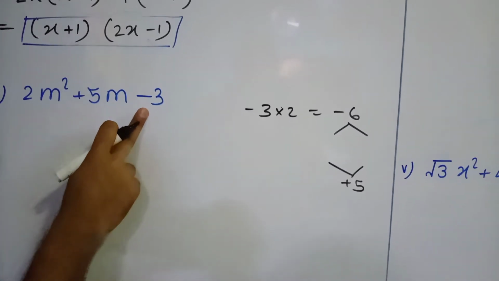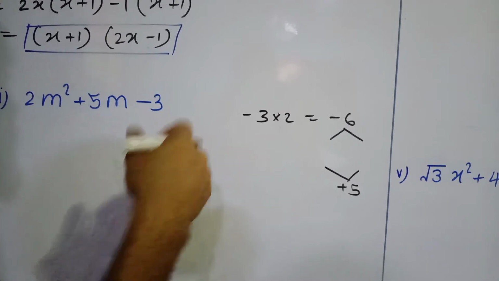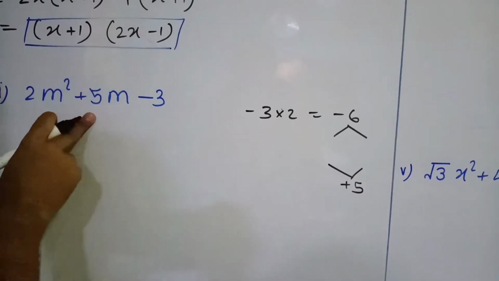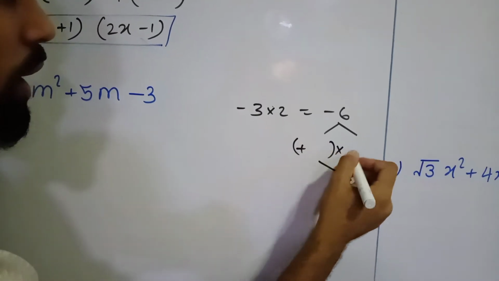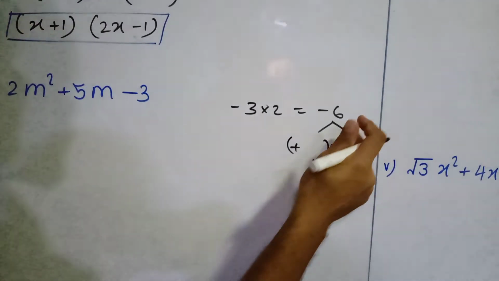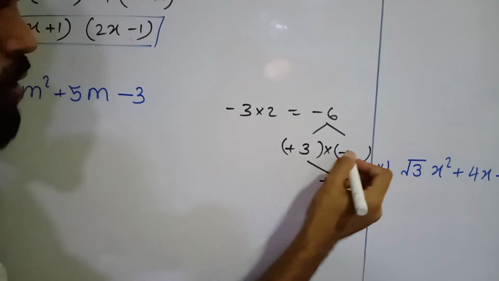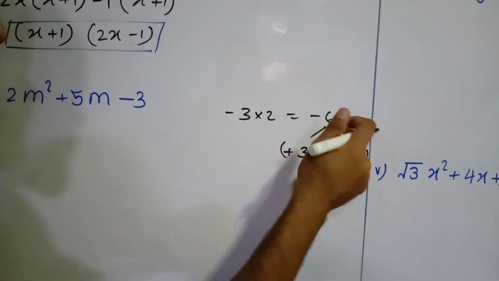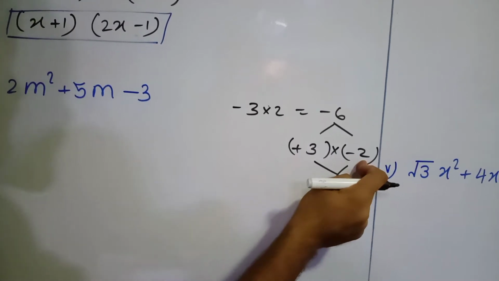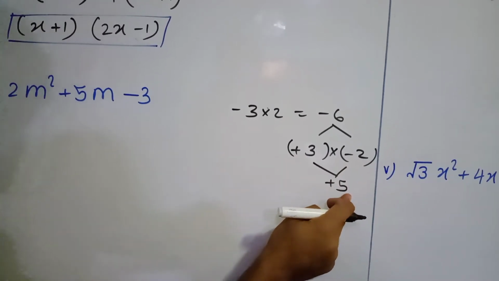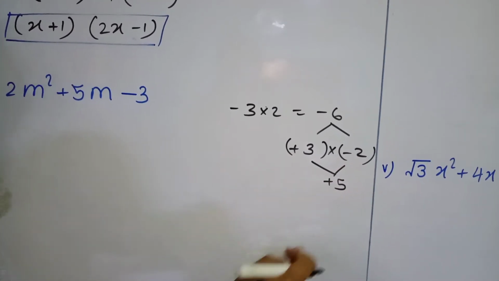The last term is minus, which means one should be plus and one should be minus. The middle one is plus, so the bigger number is plus and the smaller number is minus. So we can write 3 twos are 6, minus 6, plus into minus gives minus. Plus 3 and minus 2 become what?